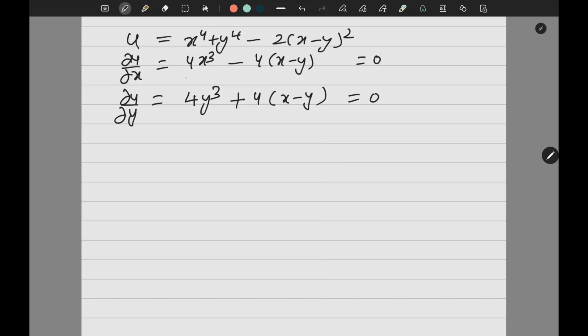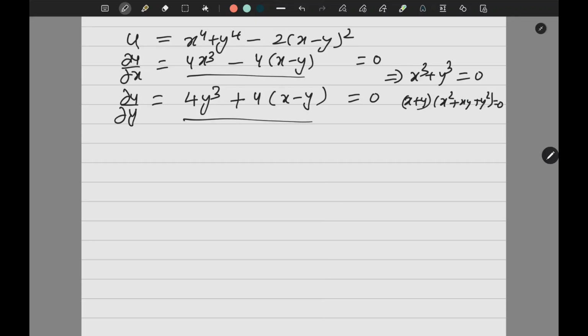Now clearly here I am not getting anything. Here also I am not getting anything. So what I can do is add these two equations. If I add these two equations, I'll get x cube plus y cube is equal to 0. What is x cube plus y cube? (x plus y)(x square minus xy plus y square) is equal to 0. The second factor is not giving anything, but the first one is giving x is equal to minus y.